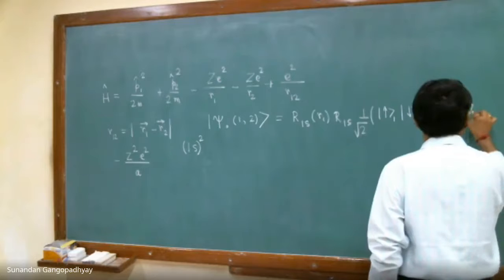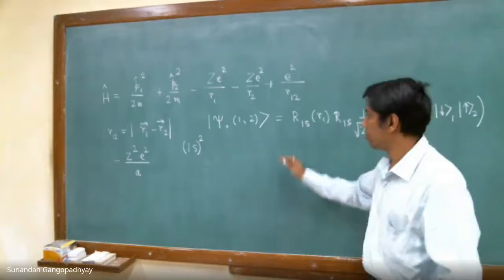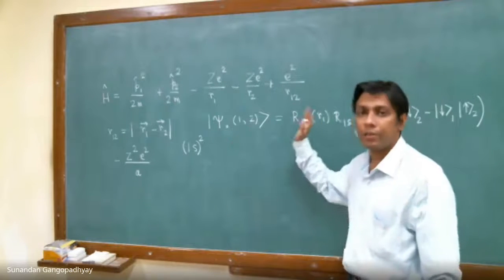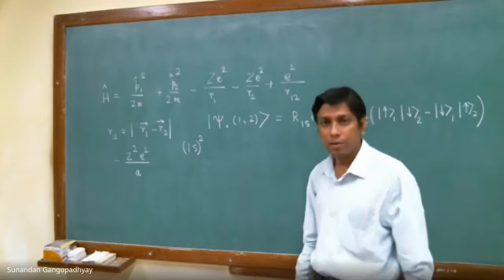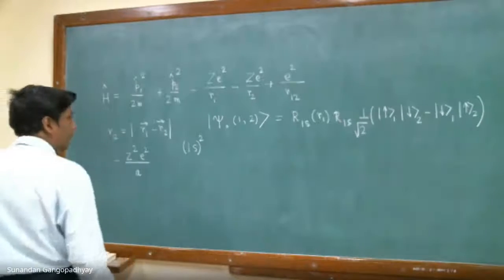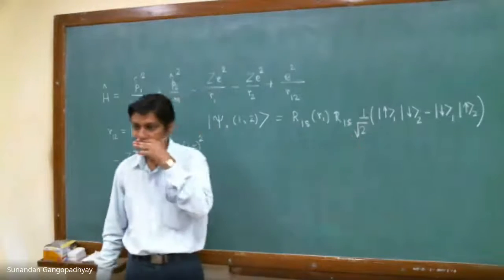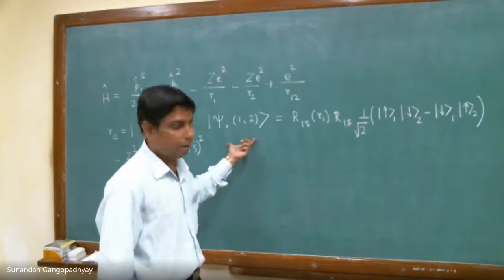up 2. And so you can see that here we are actually applying the Pauli exclusion principle to correctly antisymmetrize this state, because the two electrons are identical, indistinguishable particles, and since they are fermions, they must obey Fermi-Dirac statistics, and therefore you have to correctly antisymmetrize your eigenstate.